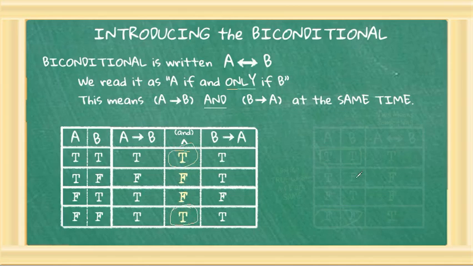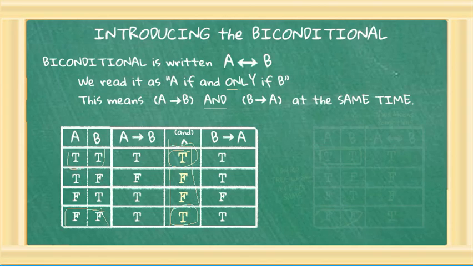Now, if we look closer at that pattern, our final result of the pattern, what we see is that it works whenever the original A and B were the same, either true and true or false and false. We have a problem with one true and one false in either case direction.